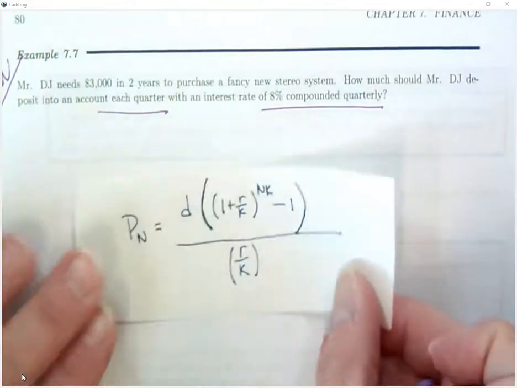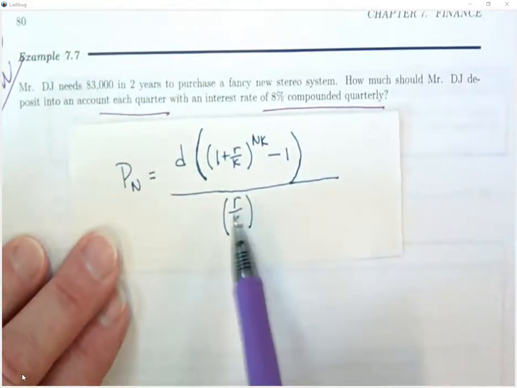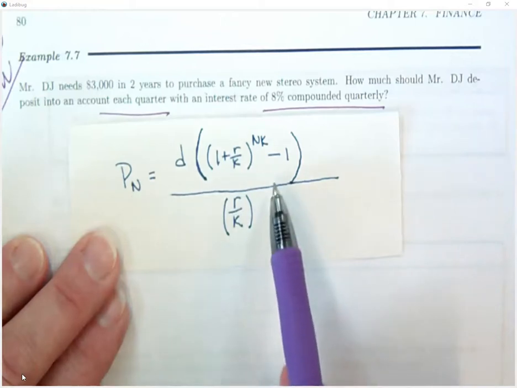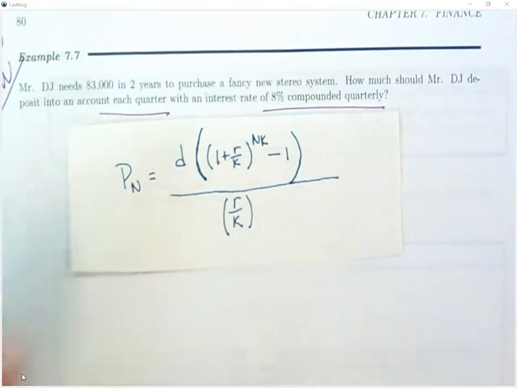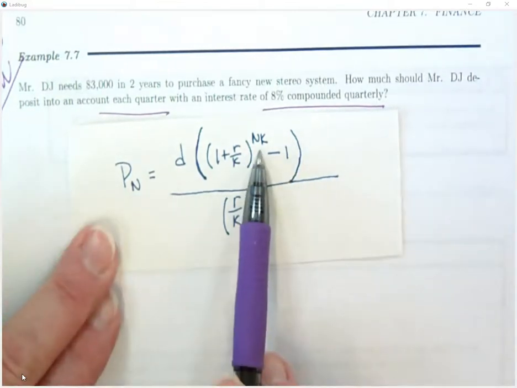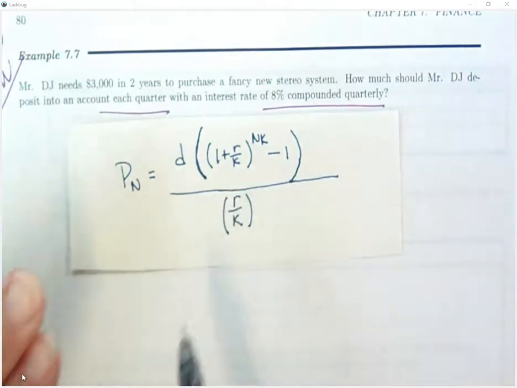So go ahead and try to plug all that stuff into the formula that we've been using. This one, when we're saving up for something, we end up subtracting 1 off. It's a little easier. We have just a positive exponent here. But remember, it's a little more complicated than the regular compound interest.